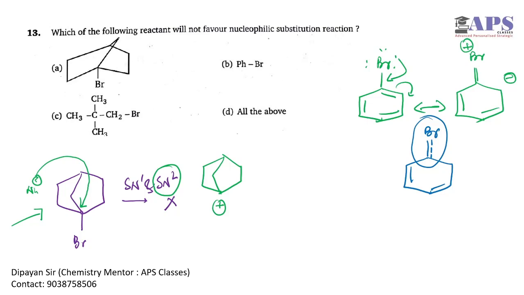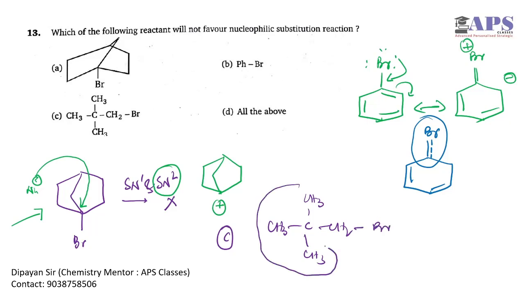Moving forward to option C, here we have some difficulties because SN2 reaction is not possible here because this huge, sterically hindered tertiary butyl group is present. You may have two hydrogens here, but tertiary butyl is very huge in size.